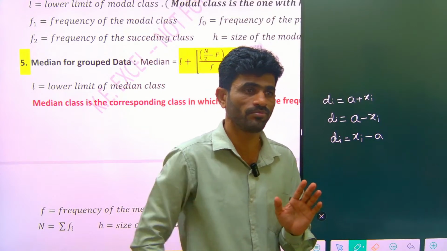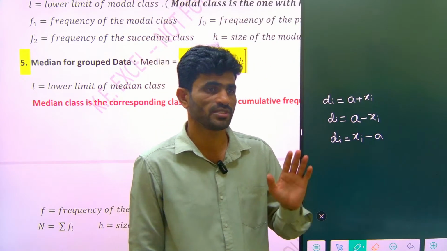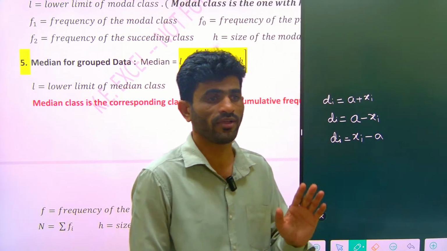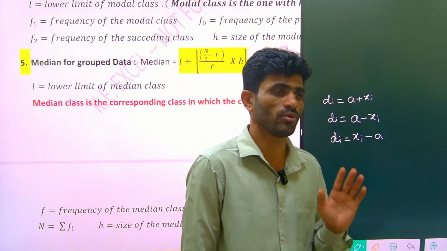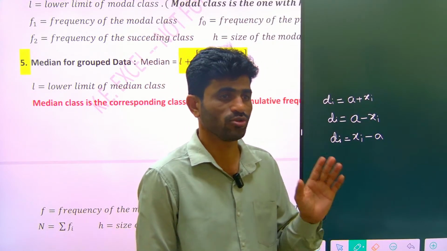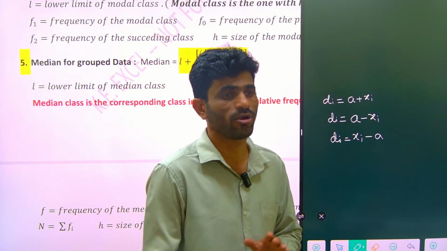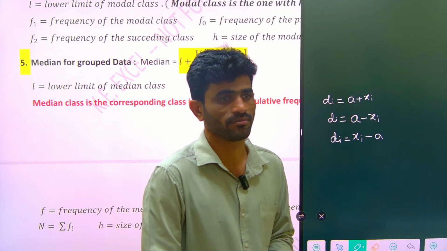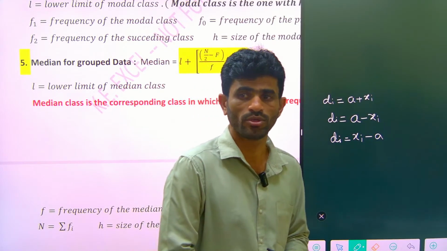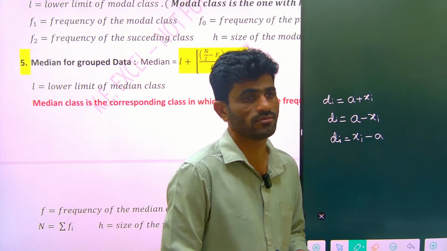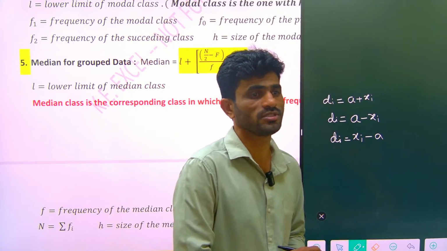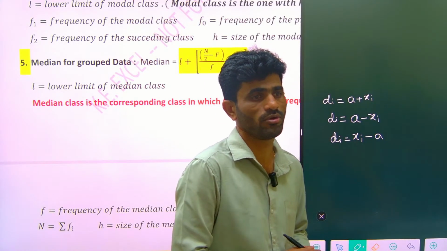You refer to some board exam papers, previous board exam papers or sample papers. You will have 1 five-mark question or 3-mark and 2-mark questions. Compulsory, we have statistics and probability together 11 marks. So compulsory 1 five-mark question you can expect in the board.